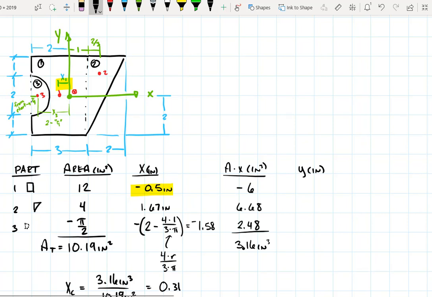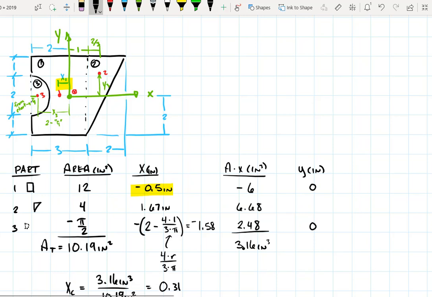Now the y-coordinate for part 1 is on the x-axis, so it's 0. The y-coordinate for part 3 is on the x-axis, so it's 0. So the only thing trying to move the centroid above the x-axis is the fact that the triangle has more mass, and mass is area here, so it has more area above the x-axis than it does below. I'm trying to get that distance right there, y3.